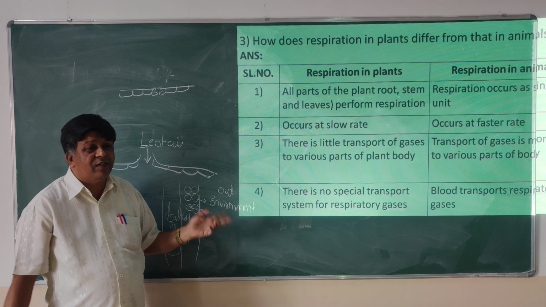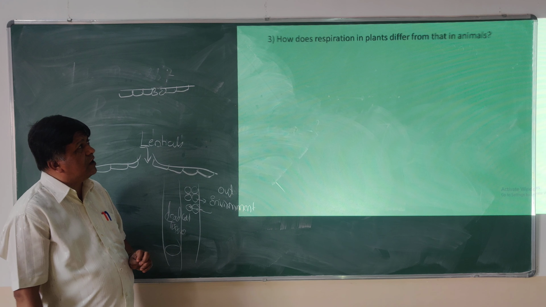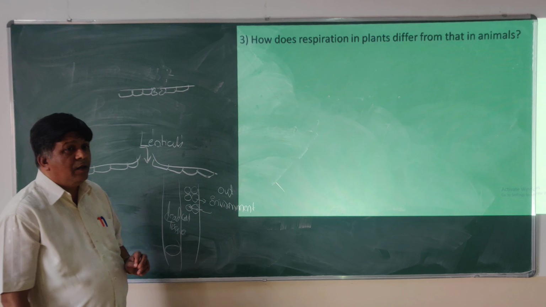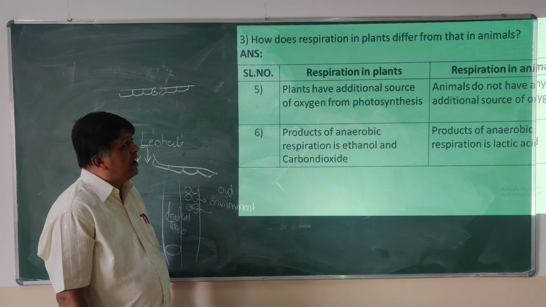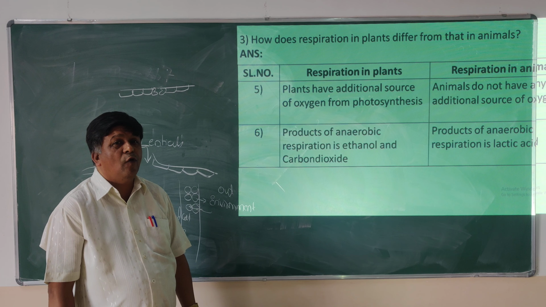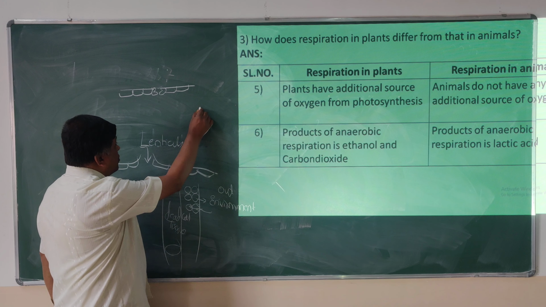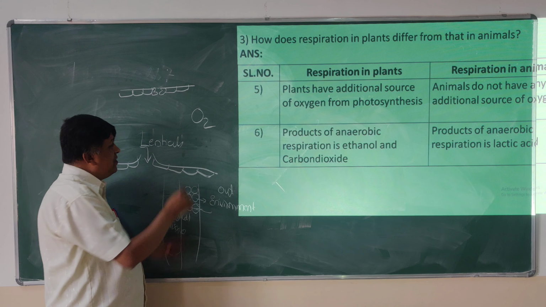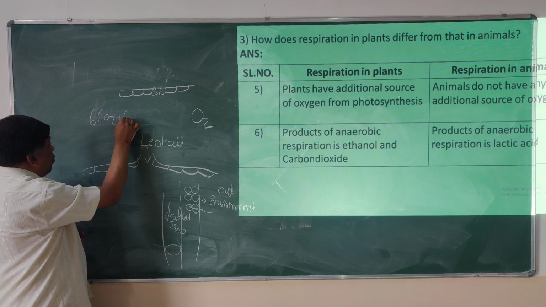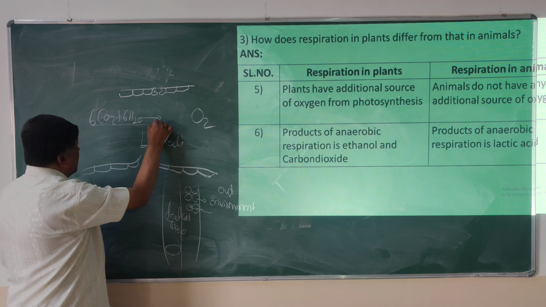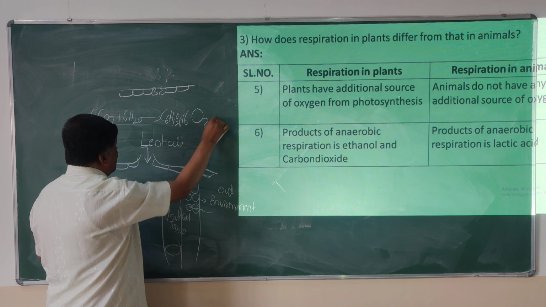The next point is that plants have an additional source of oxygen from photosynthesis. During the daytime, plants carry out photosynthesis and oxygen is released. We have seen the earlier equation: carbon dioxide plus water synthesizes glucose, and along with that oxygen is liberated.